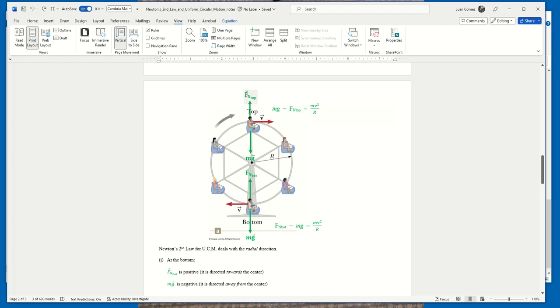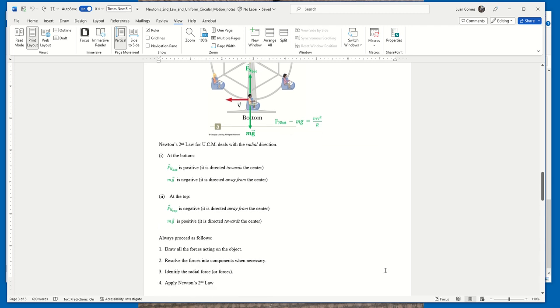Now let's look at the person when they're at the top. Mg never changes. There's their weight, mg, again pointing always in the negative y direction. Now notice when they're at the top, Fn, that's the normal force of the chair pushing on the rider. So Fn top is indicated by this green vector here. Notice that green vector is clearly perpendicular to the surface of the chair where the person is sitting.